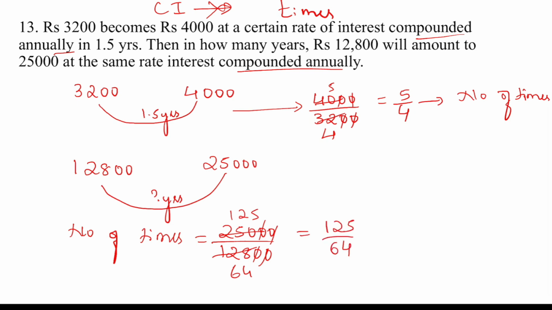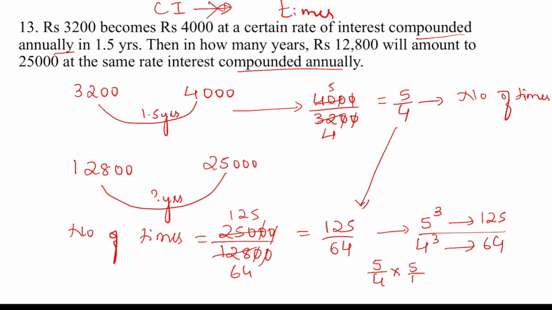So now we can establish the relation between these two, because 5 cube is 125 and 4 cube is 64, isn't it? That means 5 by 4 into 5 by 4 into 5 by 4 is equal to 125 by 64.